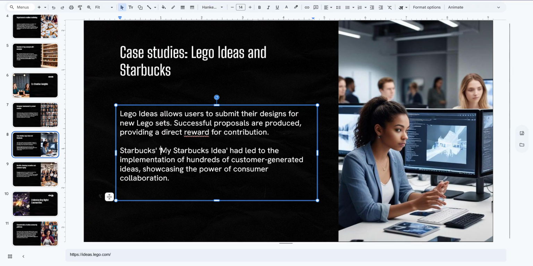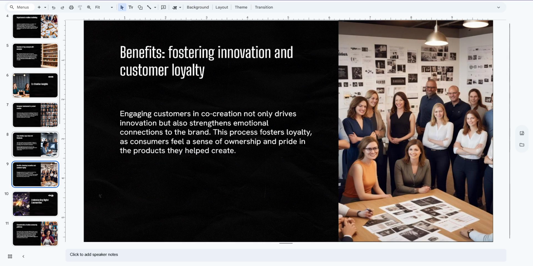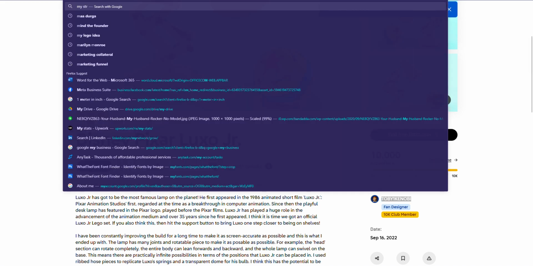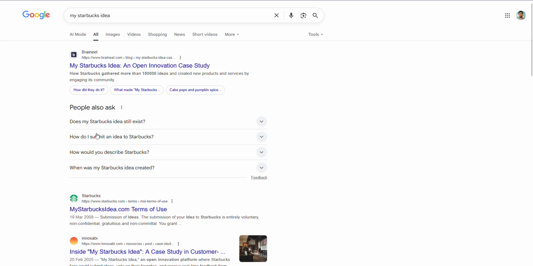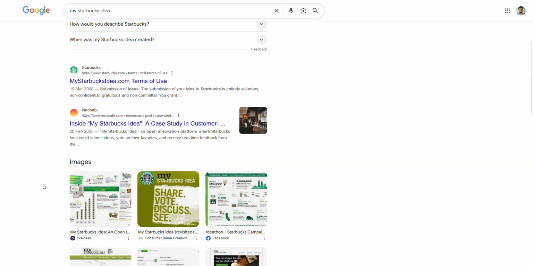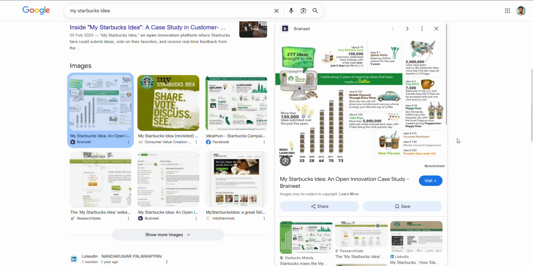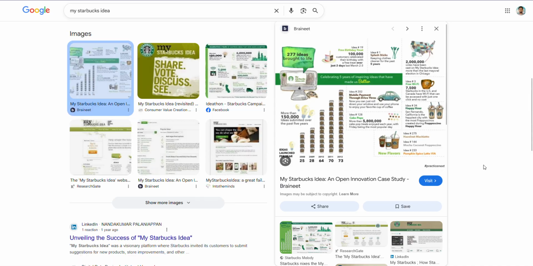Similarly, My Starbucks Idea had led to implementation of hundreds of customer-generated ideas, showcasing the power of consumer collaboration. So Starbucks basically had the My Starbucks Idea, which is not functional now. This is where they could suggest what menu items to include. 277 ideas brought to life.